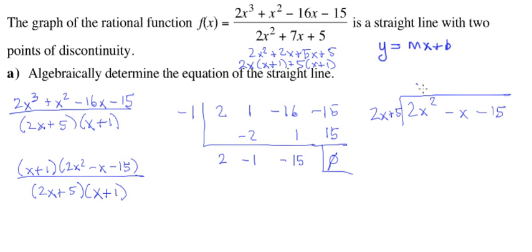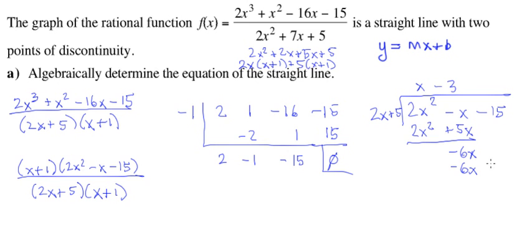2x goes into 2x squared, x times. X times 2x is 2x squared. X times 5 is 5x. 2x squareds cancel out. Minus x minus 5x is minus 6x. And start over. 2x goes into minus 6x minus 3 times. Minus 3 times 2x is minus 6x.